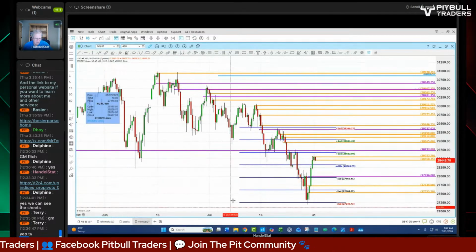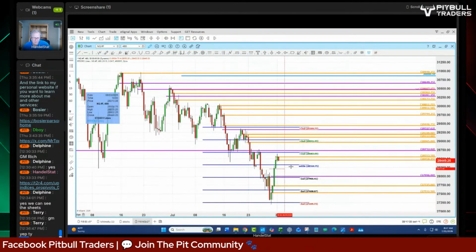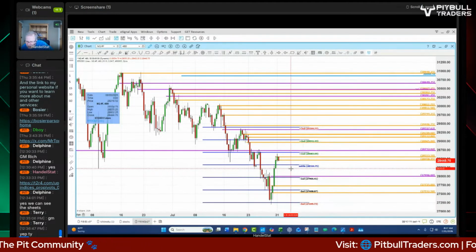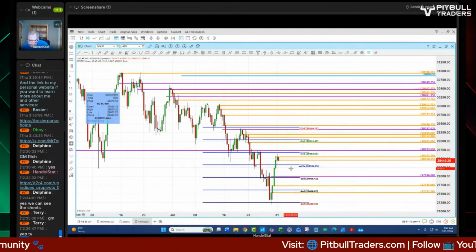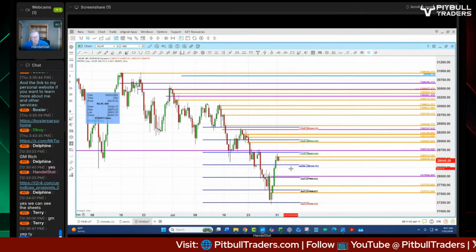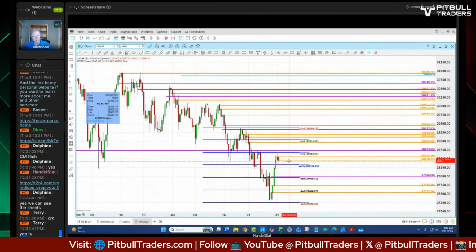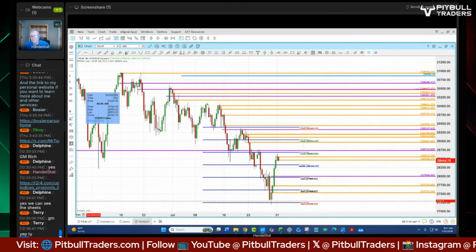I don't use the same settlement prices that everybody else is using. So 28,324.75. It's a little 115 points down to that gap. This will likely fill today.